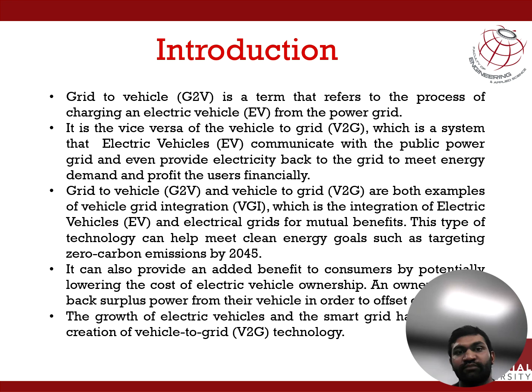It can also provide added benefits to consumers by potentially lowering the cost of electrical vehicle ownership and selling surplus power of their vehicle in order to offset the growth of the electric vehicle and the smart grid has created the vehicle to grid technology. So basically it not only helps to save money and save the environment, but also reduces the carbon emissions, and that's the goal set for 2045. So it is good for the upcoming future.